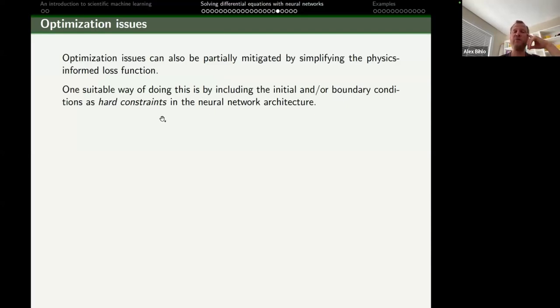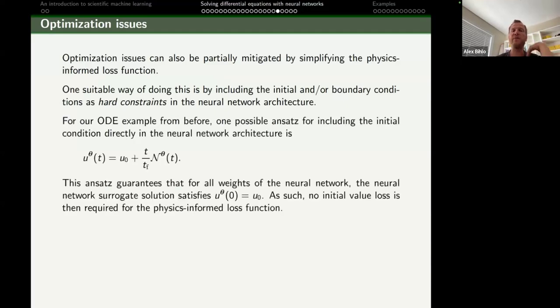And indeed, the first paper by Lagaris that was proposed on what's now called physics-informed networks actually included the initial and boundary conditions as a hard constraint directly in the neural network. And for some problems, it's very simple to do, right?